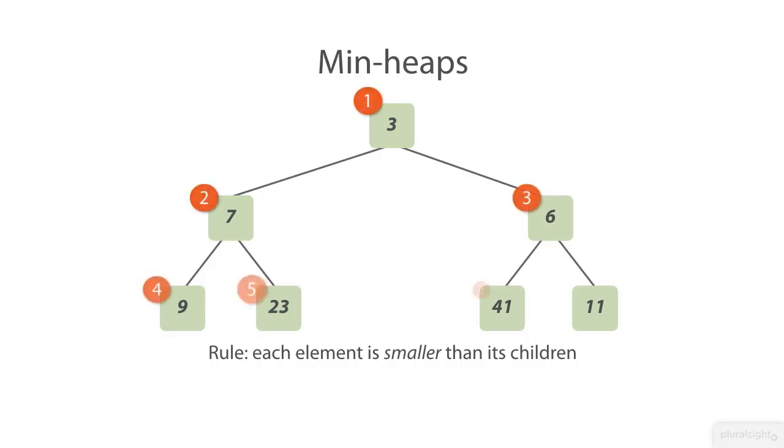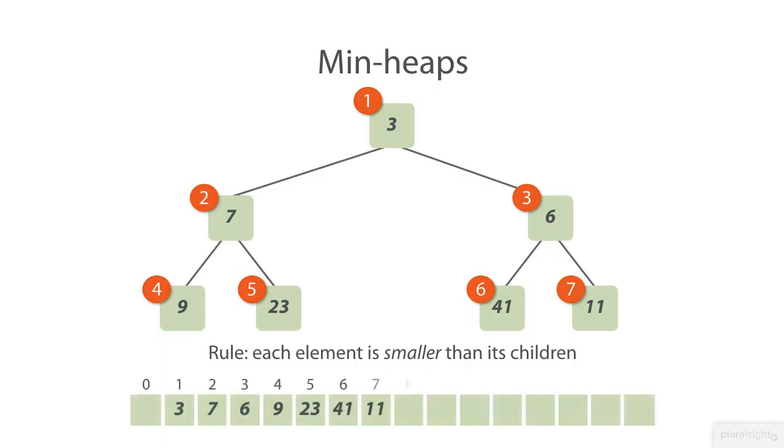Elements are added from the left to the right, one level at a time, in the order seen in the orange circles here. Behind the surface, the trees are often stored in a dynamic array, where the numbers shown in the orange circles specify the element position in the array. Here I have written the array position in gray above the array, and as you can see, position 0 is left empty.